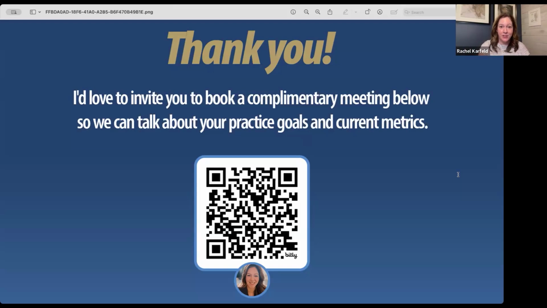The flip side of this too, patient retention, is what is the value created behind the appointment? So if a patient's coming in for a hygiene visit and we keep referring to it as a cleaning and we're just polishing their teeth and we don't really explain what those perio probing numbers mean and the bleeding points, it's just another appointment.